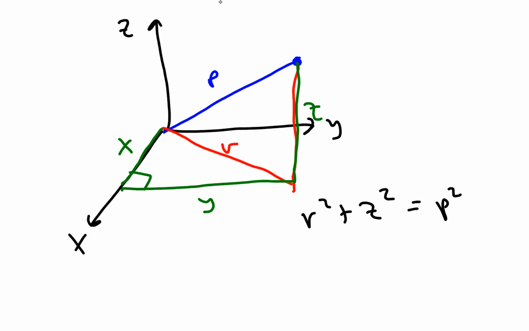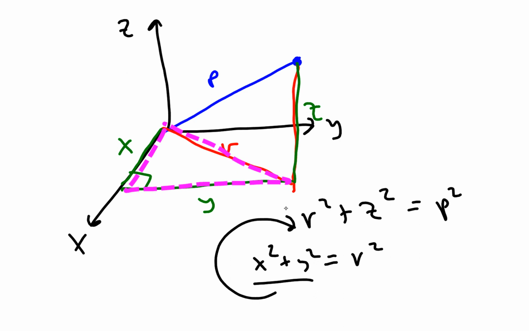I'll trace it out with a dotted pink line there. So from that triangle, we would have that x squared plus y squared is equal to r squared. But that's sort of cool, because this can get subbed right in for the r squared there. And we end up with x squared plus y squared plus z squared equals rho squared.